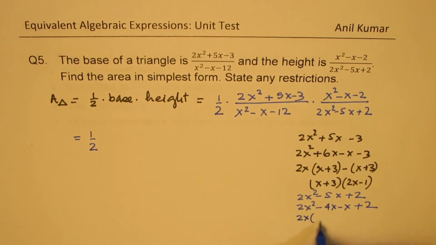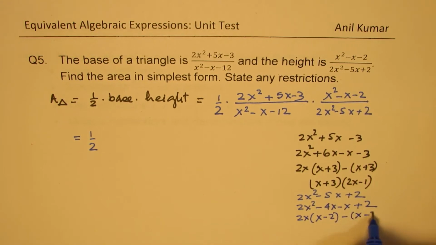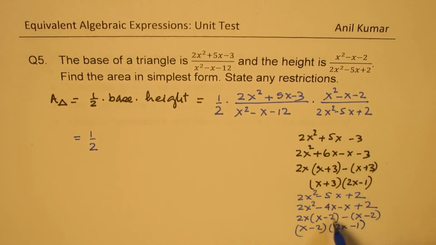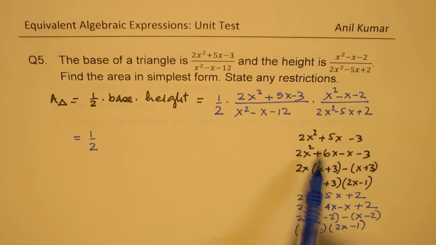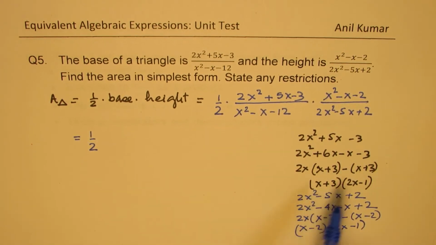Common 2x, we get x minus 2 and minus x minus 2. So we get x minus 2 times 2x minus 1, right? So we have factored them separately. Now we'll write them in the expression and calculate. So 2x squared plus 5x minus 3 can be written as x plus 3 times 2x minus 1.